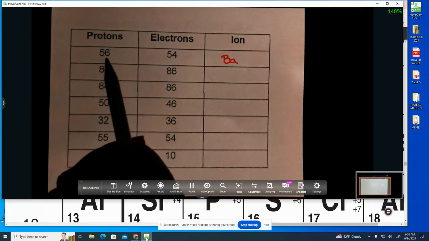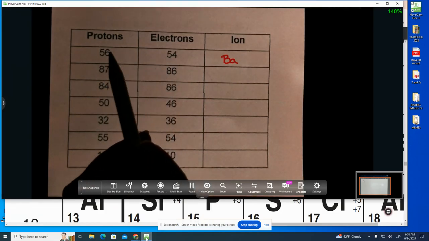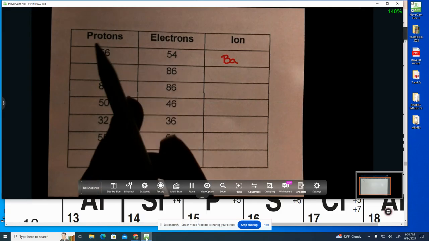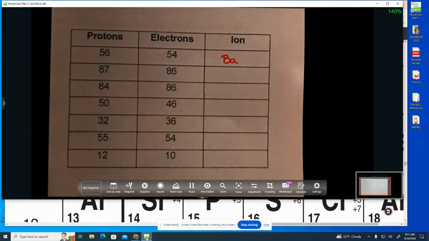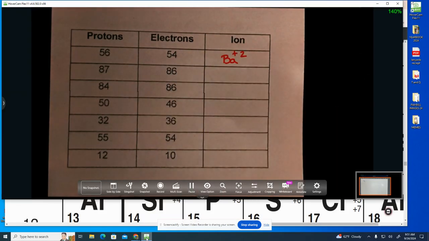All right, now look at your protons and your electrons. How many protons? How many electrons? You've got 56 positives and 54 negatives, so you've got more positives than negatives, which means your overall charge is positive. So this has a charge of +2. Okay, 87. What element is 87?